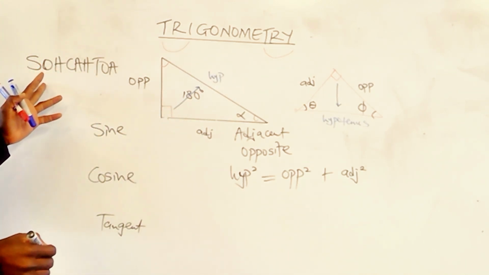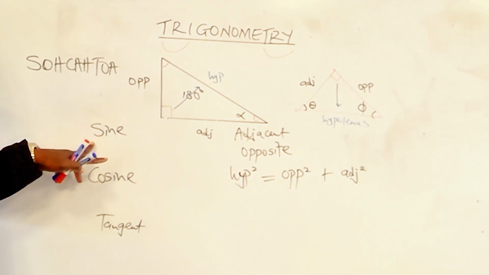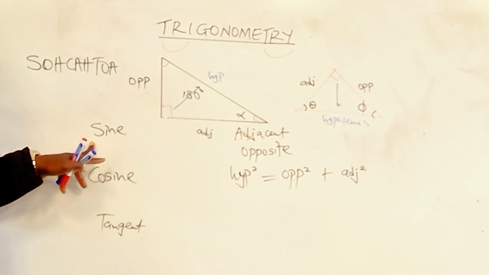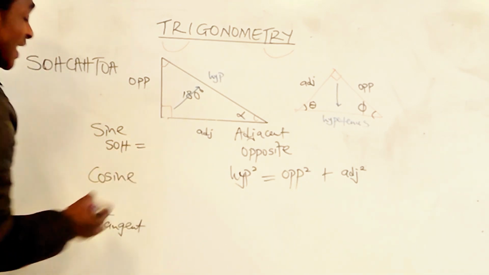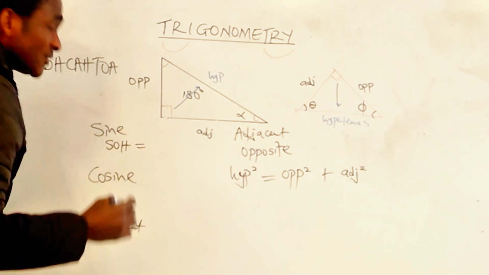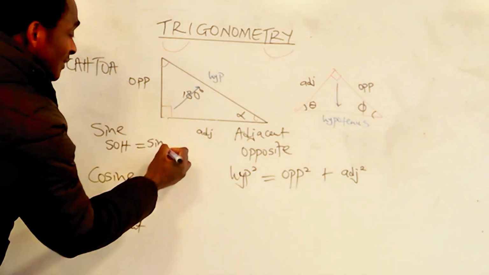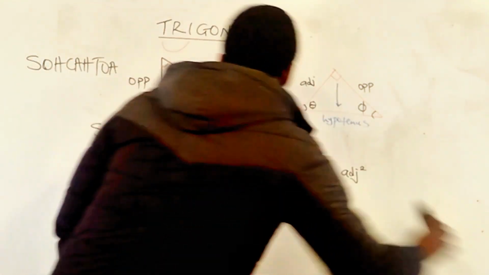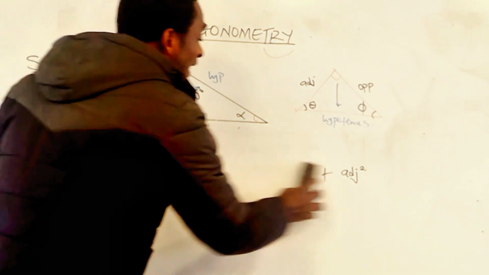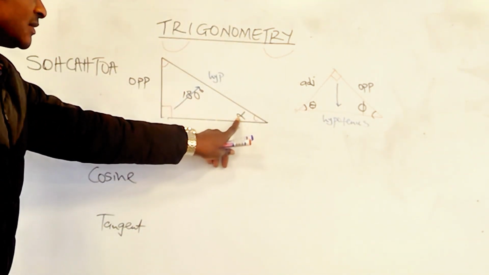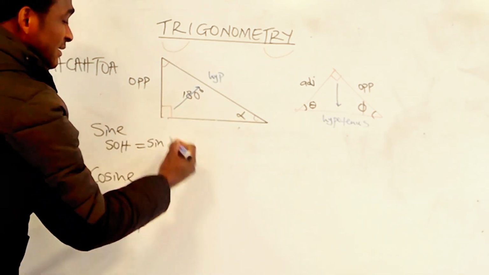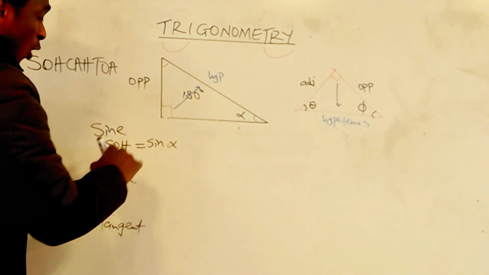The word "SOH" here applies to when you want to use sine as an identity. So if I want to use sine of any angle in question, let's say, for instance, I want to work on alpha, the sine of alpha will then be opposite.